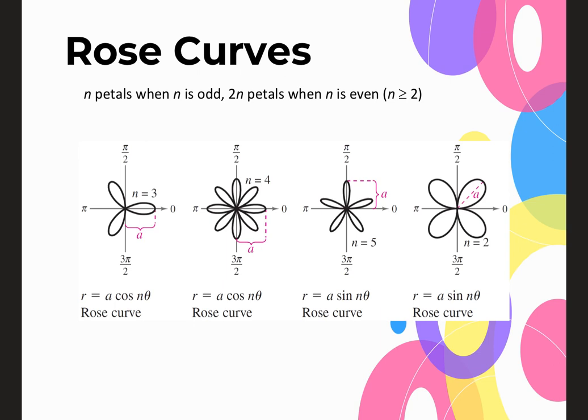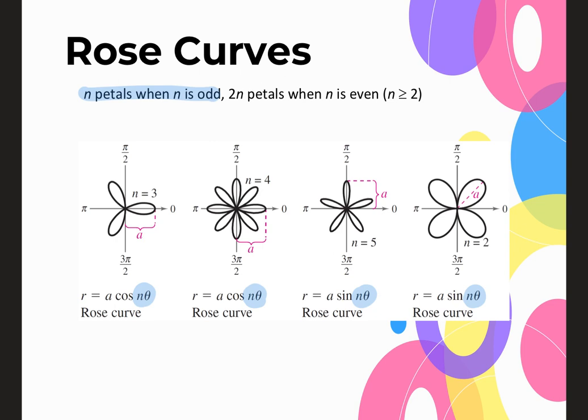And the way you identify a rose from the equation is it will look like a multiple angle equation. There will be something multiplied by your theta. If that number is an odd number, then there are exactly that amount of petals.